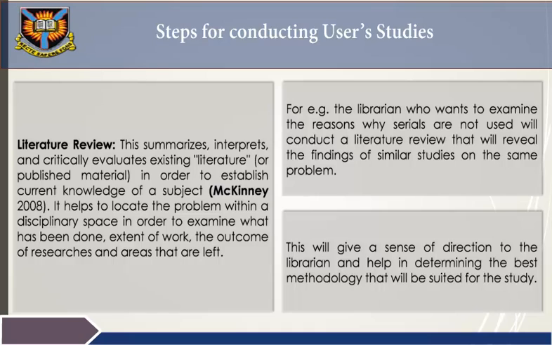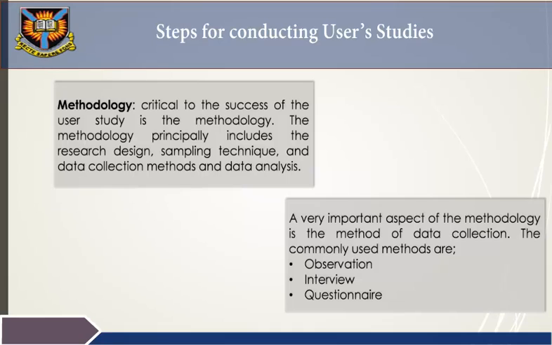For example, the librarian who wants to examine the reasons why serials are not used will conduct a literature review that will reveal the findings of similar studies on the same problem. This will give a sense of direction to the librarian and help in determining the best methodology that will be suited for the study.